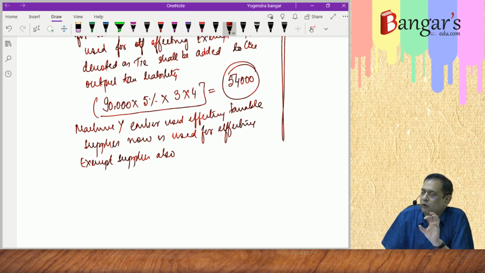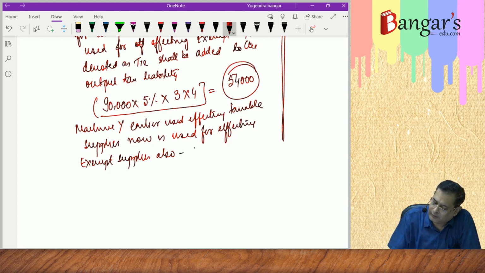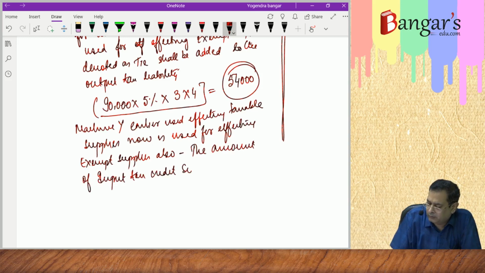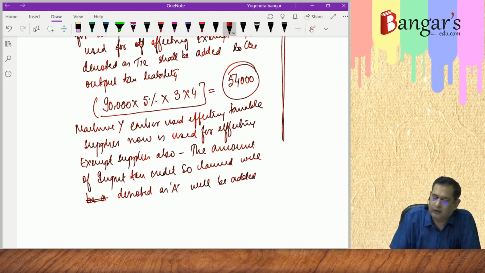Now whatever the ITC so claimed will come under the ambit of common credit. The amount of input tax credit so claimed, denoted as A, will be added where?